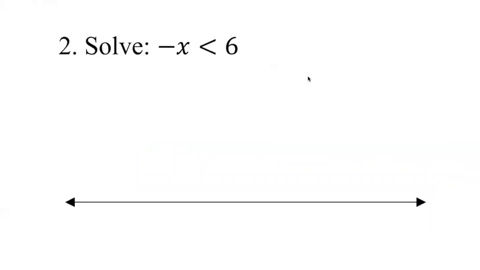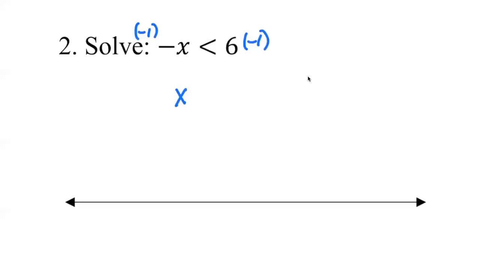And then for number two, it's a very simple inequality. We have done something more complicated than this one. This one is just negative x is less than 6. We want the x by itself, so we need to multiply by -1 on both sides.